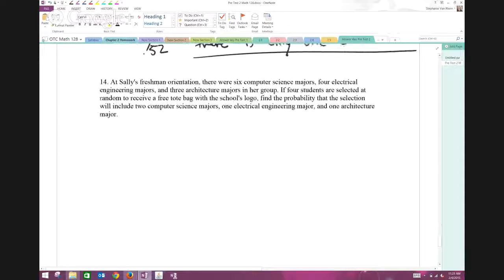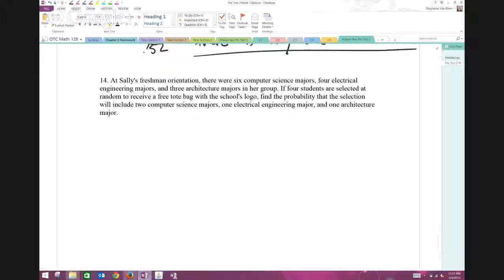Sally's freshman orientation. This is going to be very similar to the ones we did on the first page and second page. We're looking for the probability that the selection will have 2 computer science majors, 1 electrical engineer, and 1 architectural major.